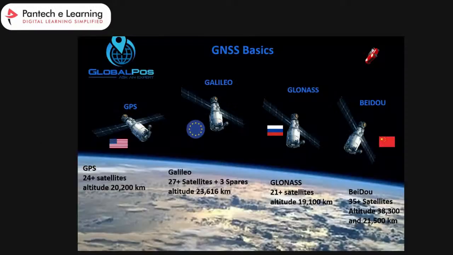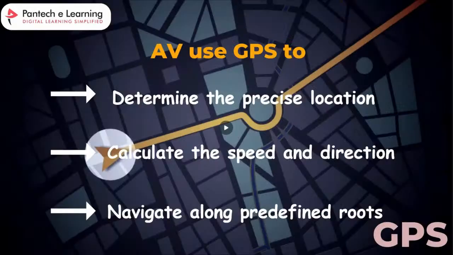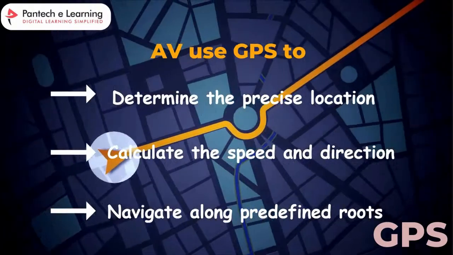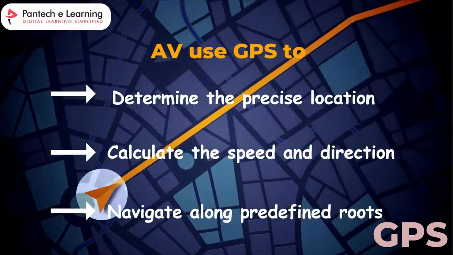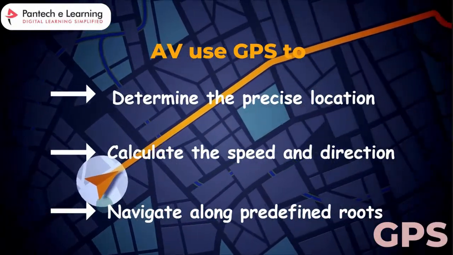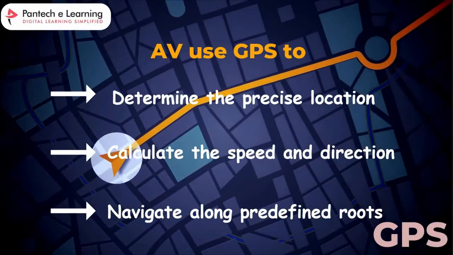Mainly, GNSS is used in autonomous vehicles to figure out where they are and where they are going. It's like giving the vehicle a built-in map and compass so it can navigate the roads and reach its destination safely. They use GPS to determine their precise location, to figure out exactly where they are on the map.